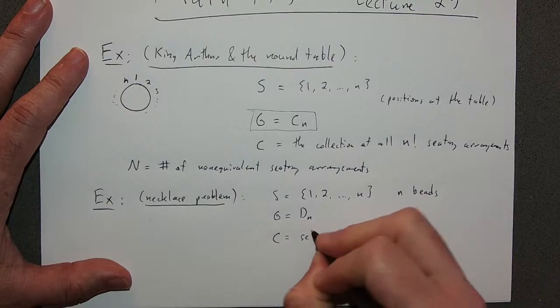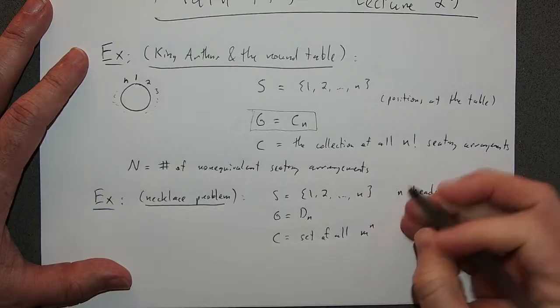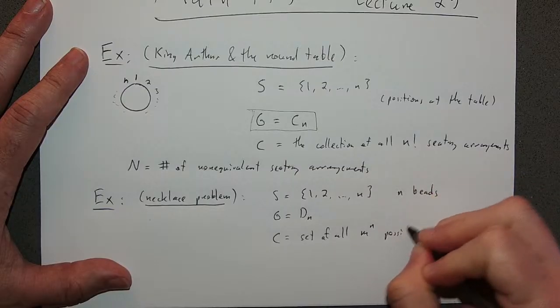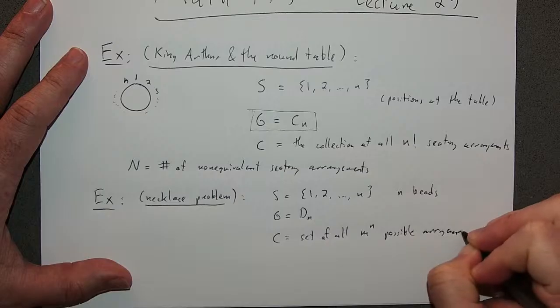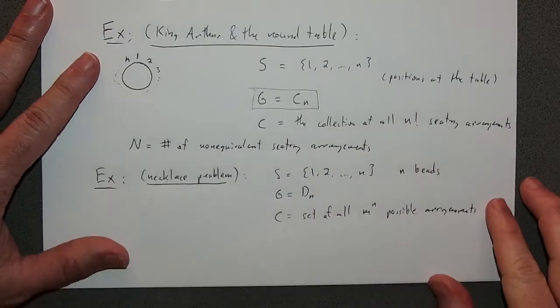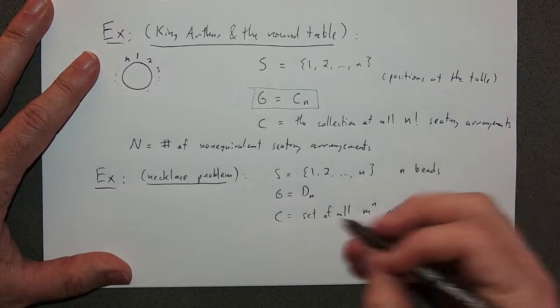So this is the set of all m to the n possible arrangements of the m kinds of beads on the necklace.